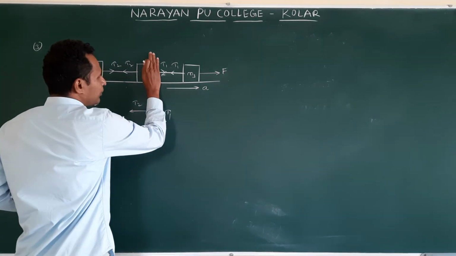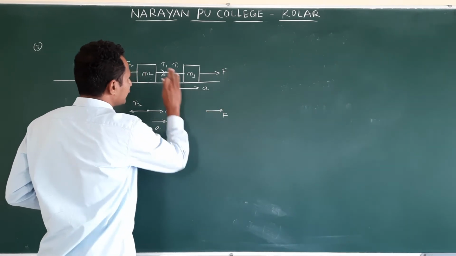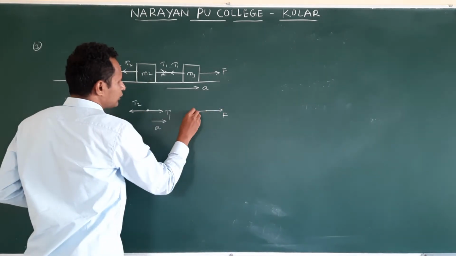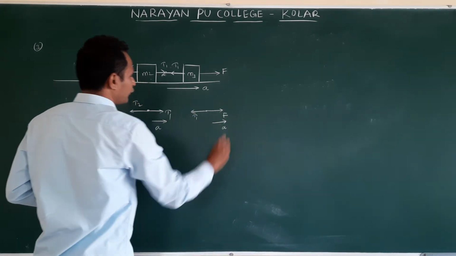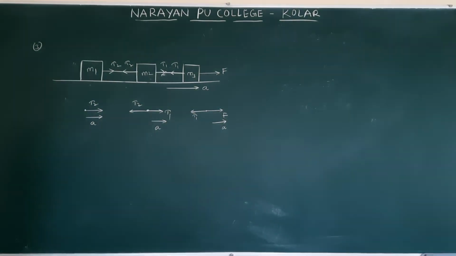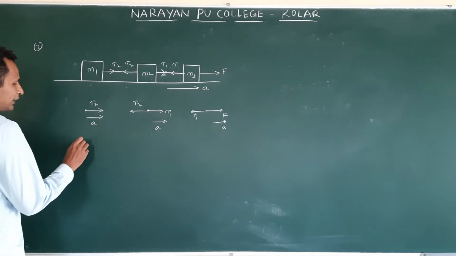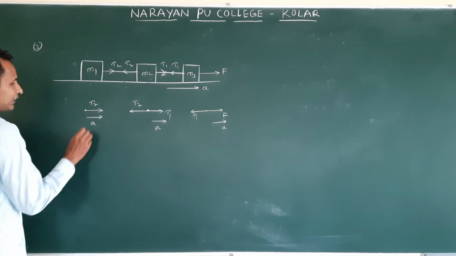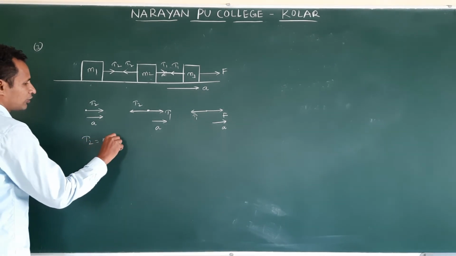Now come to M3, free body diagram. Here F is acting, T1 is acting opposite, and acceleration is acting in the direction of A. How do you write the equations? On M1, only T2 is acting, so this tension is accelerating it. So T2 is equal to M1A.